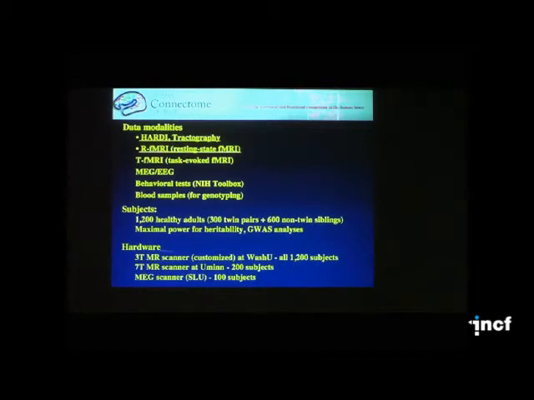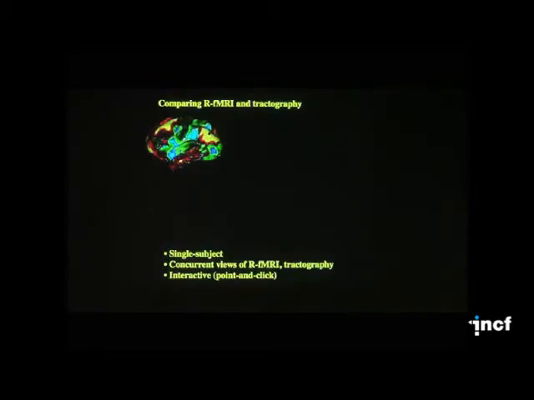We have ordered a scanner from Siemens that is customized for improved data acquisition capabilities, and that will end up at WashU and be used to scan all 1,200 subjects. In addition, Ugurbil's group at Minnesota has independently acquired a new 7 Tesla scanner, and we intend to send 200 subjects up for high-resolution 7 Tesla scanning. As I mentioned, some of the subjects, 100 in all, will be scanned with MEG and EEG at St. Louis University.